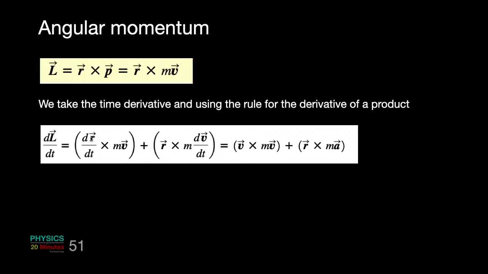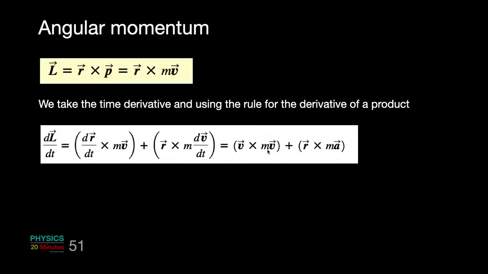Now dr by dt, r is a position vector. A rate of change of position vector with respect to time will give you the velocity vector. So this is going to be v. Now rate of change of velocity vector with respect to time will give you linear acceleration vector, which will give you a. So it can be written as v cross mv plus r cross ma.